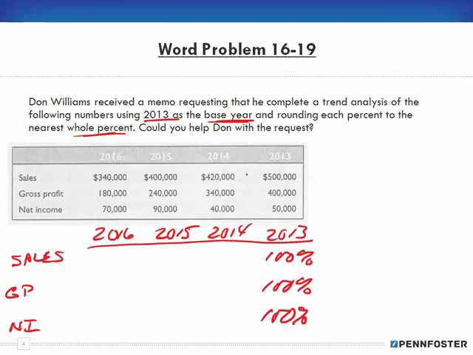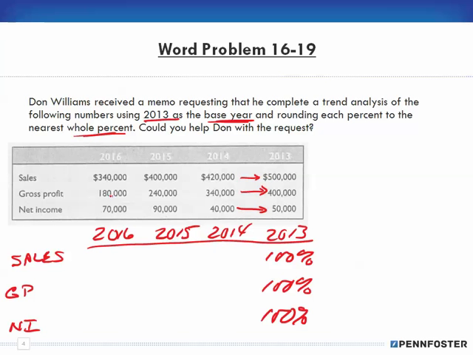Now, all we're doing then is taking each and every one of these figures and dividing it by that base figure for 2013. So I'm going to take 340,000 and divide it by 500,000, 400,000 divided by 500,000, 420,000 divided by 500,000.